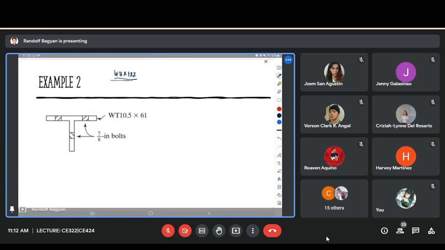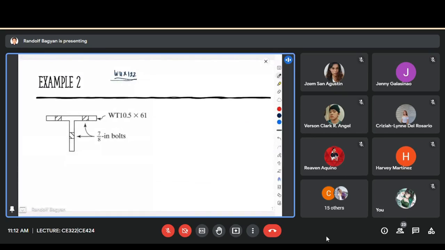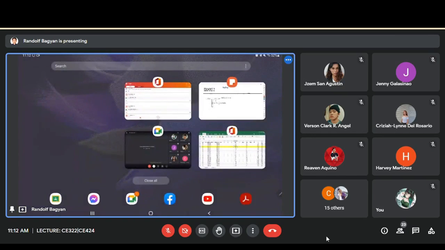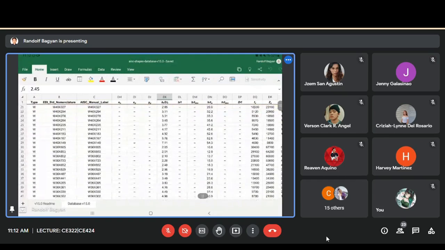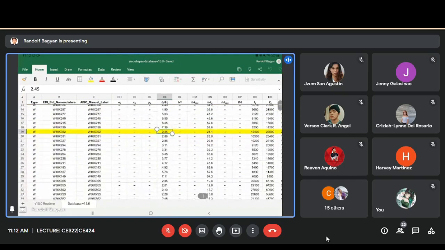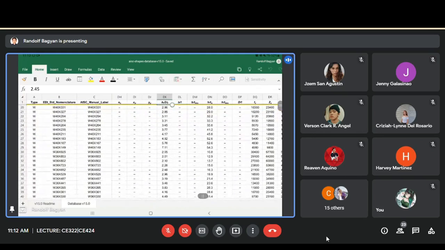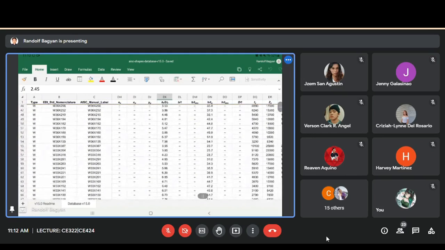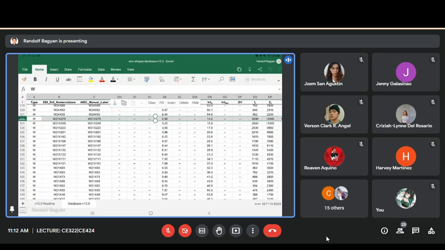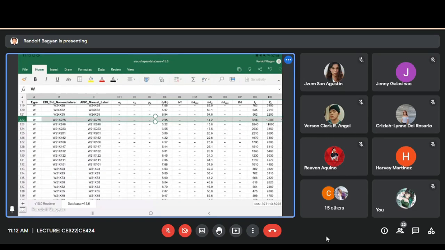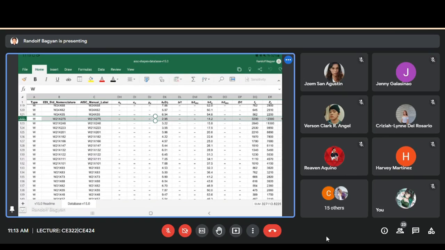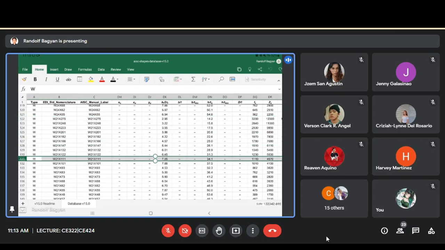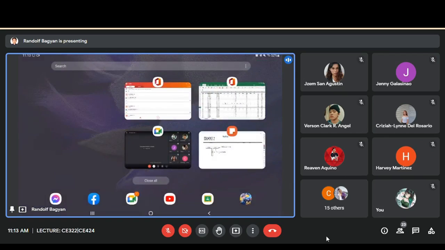W21 by 122. 10.5 times 2 is what? 21. W21 by 122. Ganito class, no? I hope in-open nyo na yung AISC. AISC shape database. W21. Hanapin natin. Dito yung W21, no? Ayan. W21 by 122. So ito.